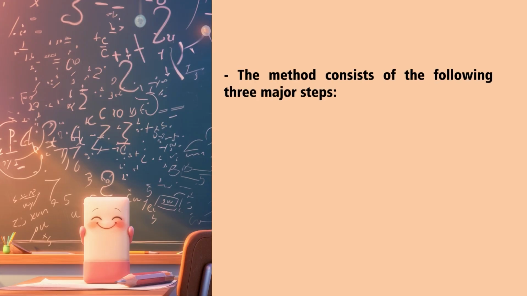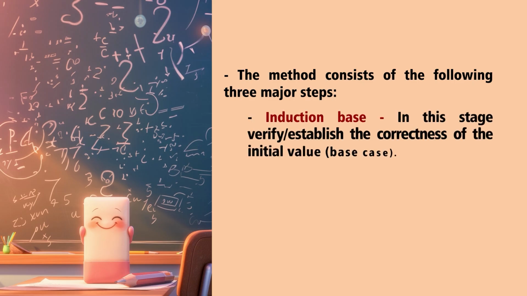Okay. So basically we are trying to prove it for n, or the set of natural numbers technically. However, you can do it for other situations also. This particular method of the principle of induction consists of three major steps. Okay. The first step is called induction base. Now in this stage, we verify or establish the correctness of the initial value, and this is called the base case.